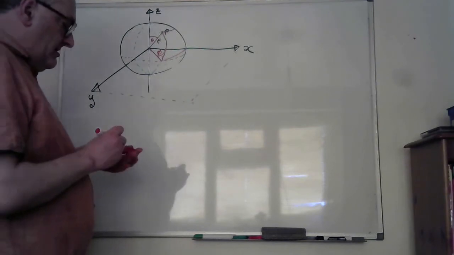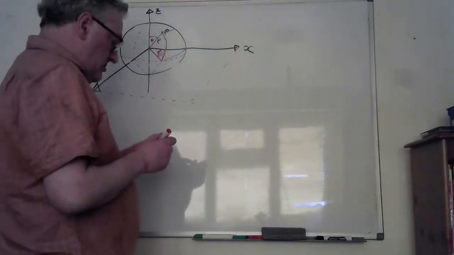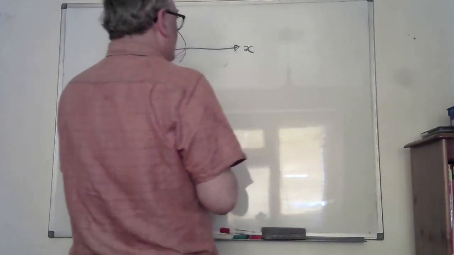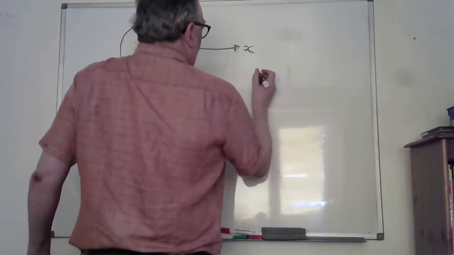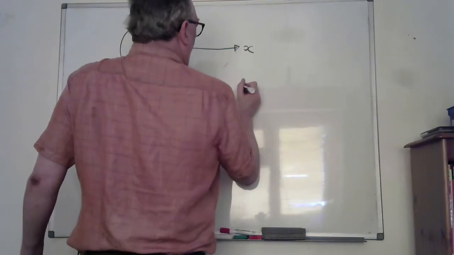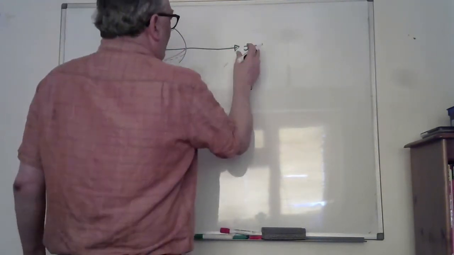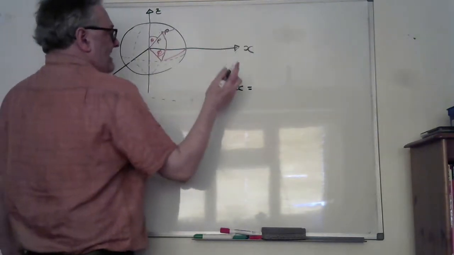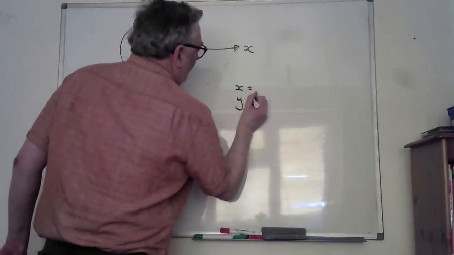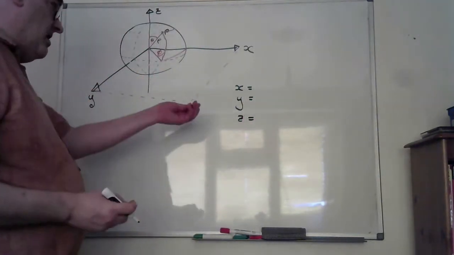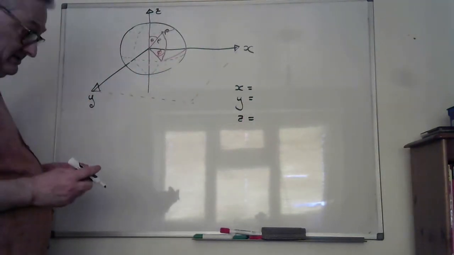So we can now start to work out what our x, y and z coordinates actually are. I'll write down here, we want to work out what x is, rather than it just being an x for the x-axis. The same for the y and the same for the z. We'll start with the z because that's the easiest.